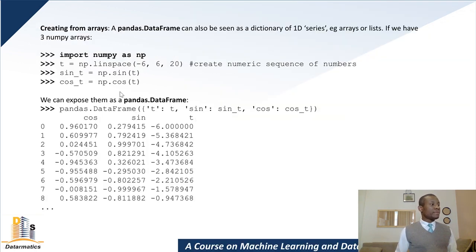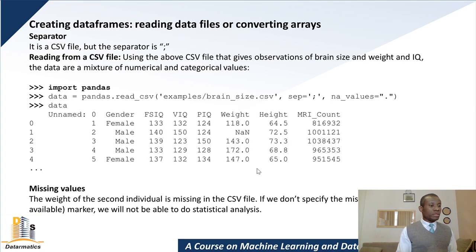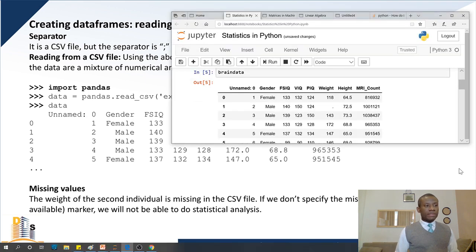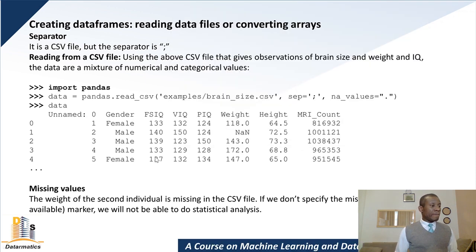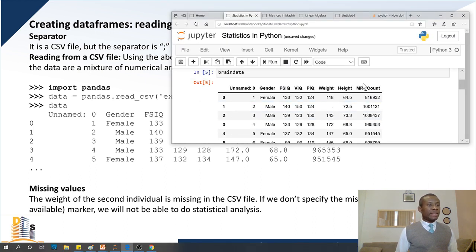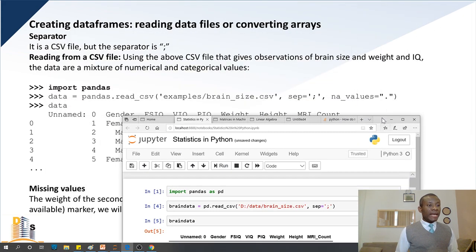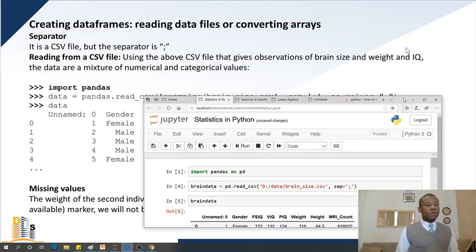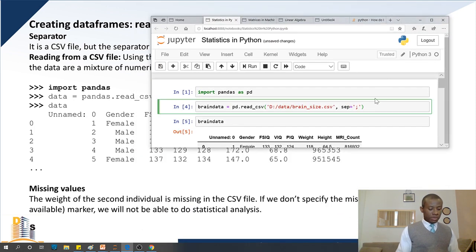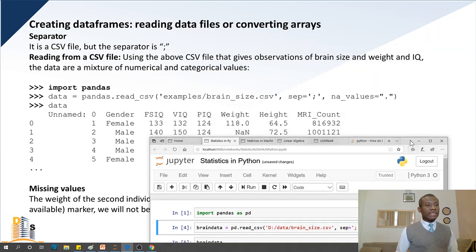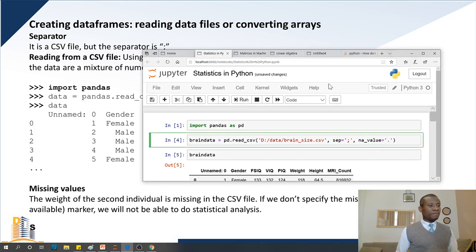So again, I'm going to just illustrate what I'm saying. Okay, so let's get back to Jupyter Notebook. Let's specify that this data is missing. After specifying the separator, also say NA values is equal to dot. So we are telling Pandas that those data are not there.